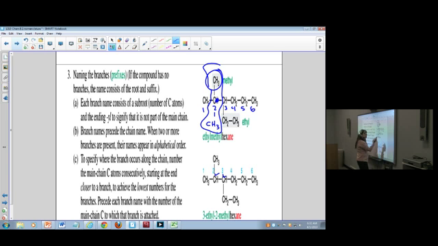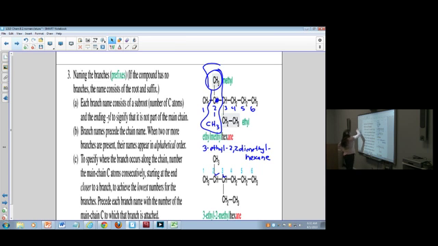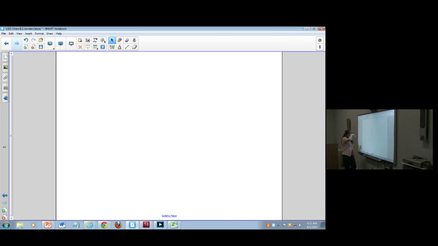In this case, we would call this 3-ethyl, 2,2-dimethyl, even though D comes before E, it's the methyl group we're interested in, hexane. And that dimethyl hexane is all one word. So once again, practice, practice, practice.